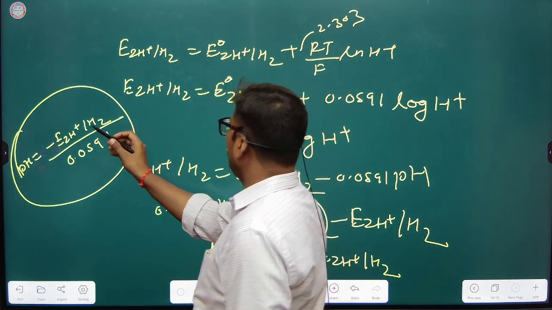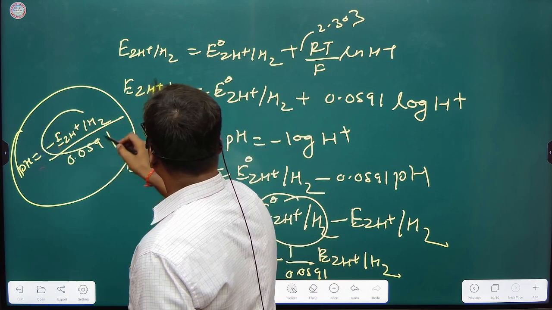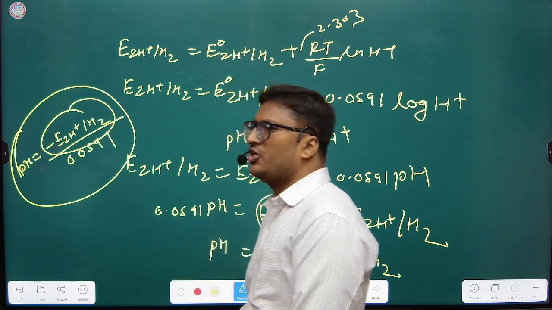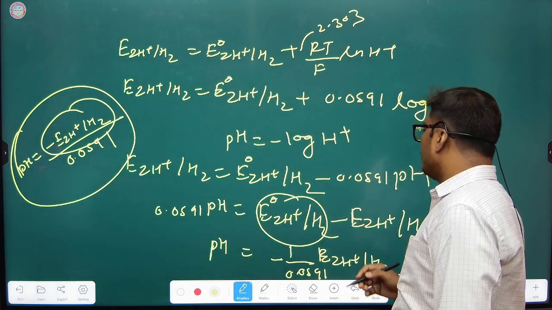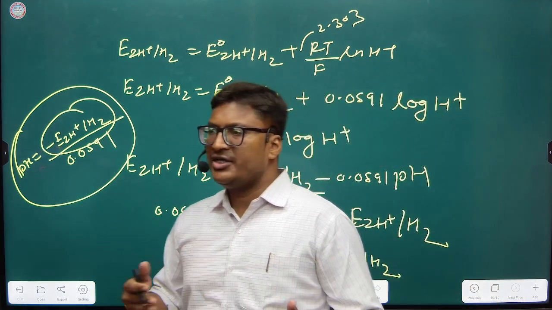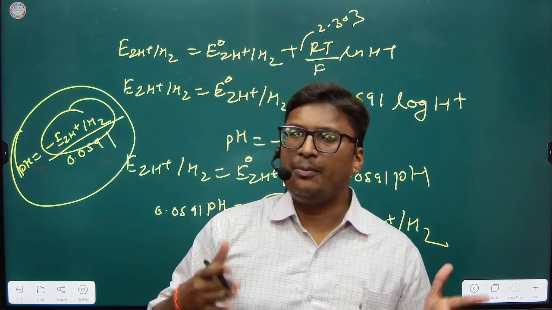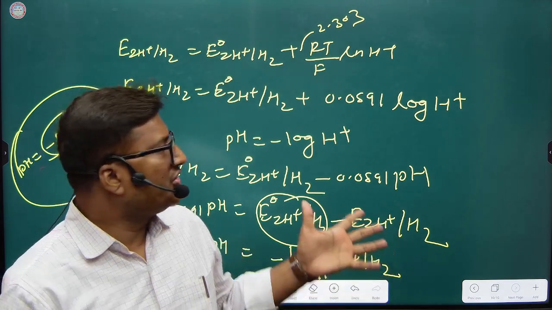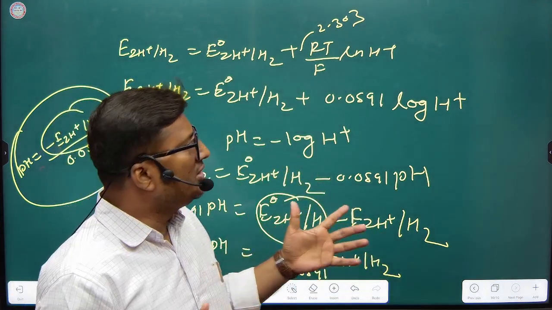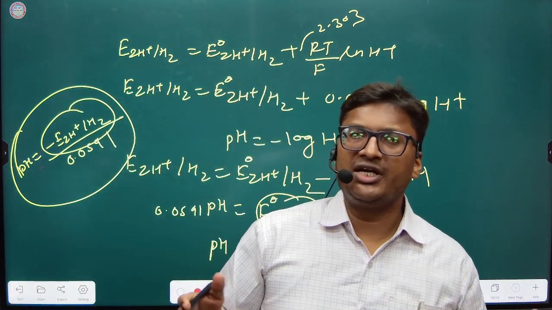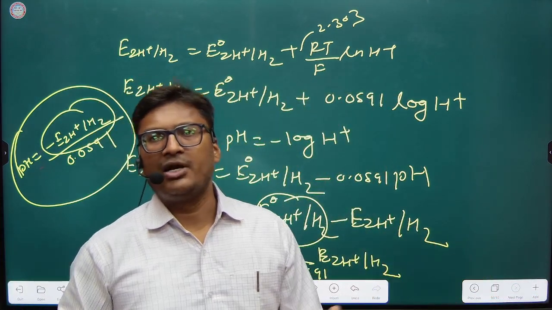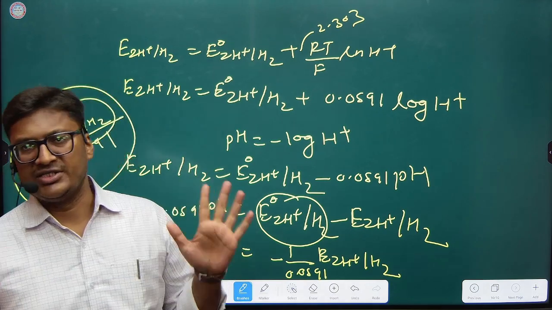So variation of this value will affect the pH of the solutions. So in this way, we can understand that through the coupling of this standard hydrogen electrode with other electrodes, we can generate a multiple number of galvanic cells and hence cell potentials.